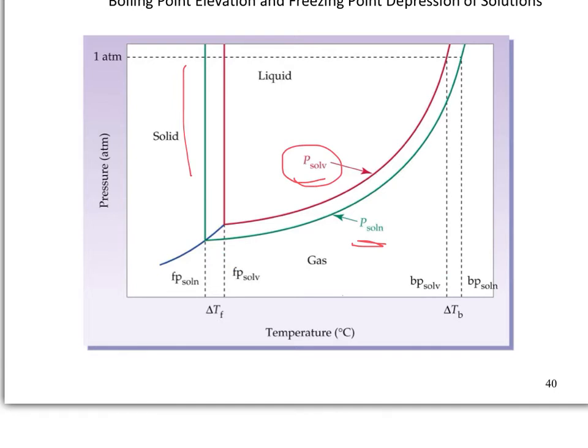The vapor pressure for the solution is shifted downwards compared to that of the pure solvent. And since the vapor pressure curve intersects the solid-gas curve at a lower temperature, the net effect is that the solution will have a lower melting point, and for the reasons I discussed in the previous slide, it will have a higher boiling point.